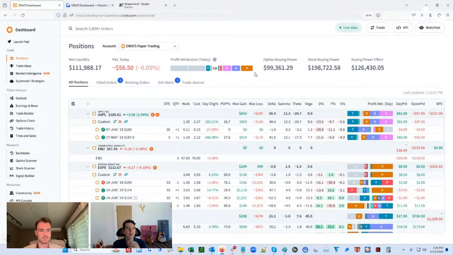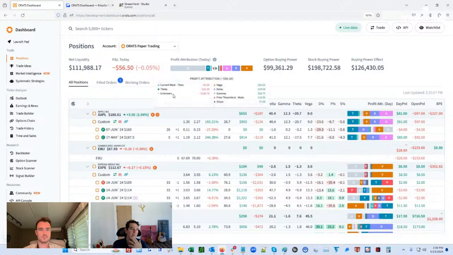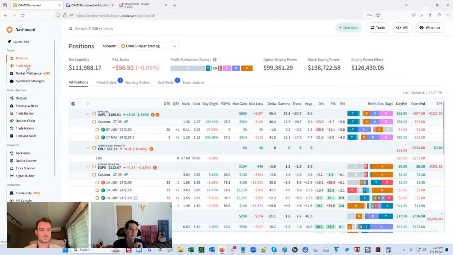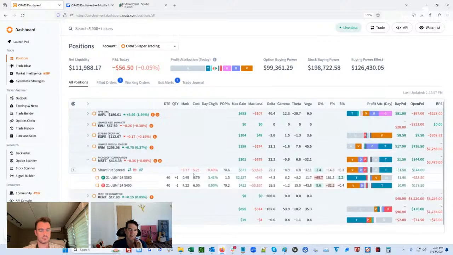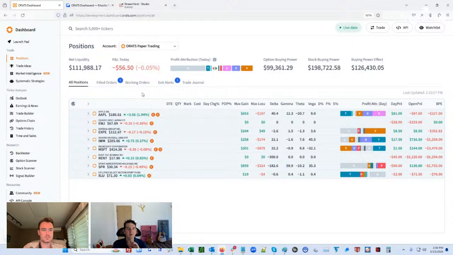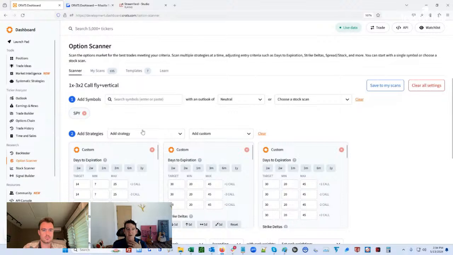So yeah, let's just go back over. We covered a lot. The first thing that we looked at was our Microsoft trade. We're doing well on that. Then we talked about how to set up custom option spreads, and what the best types of stocks are for these option spreads.